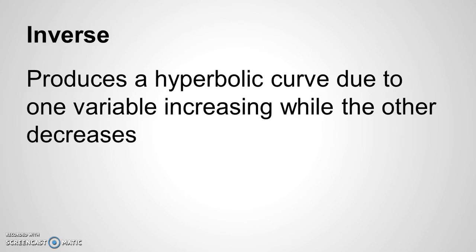And then our final relationship is the inverse, in which we have a hyperbolic curve due to one variable increasing while the other variable decreases. The equation for this relationship is y equals a over x, or you can think of it as y equals 1 over x.